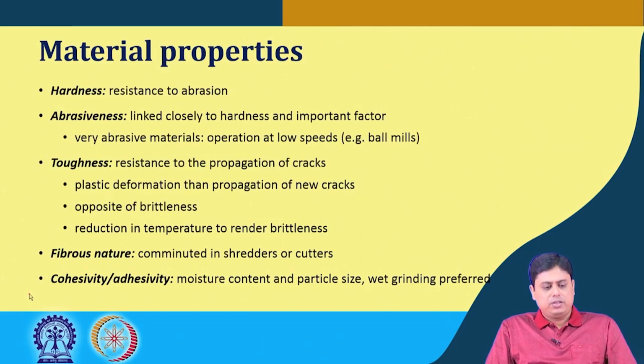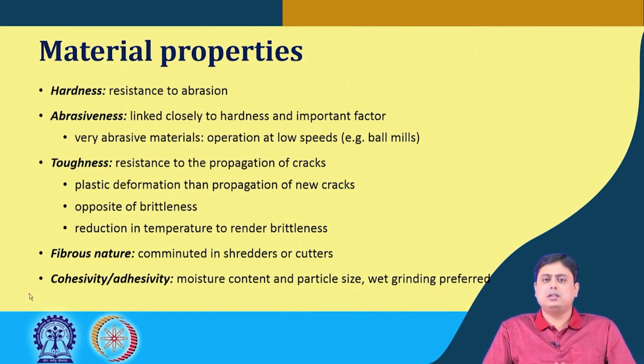So, what kind of material properties? Definitely one of the properties is hardness, which is the resistance to abrasion. Hard materials are logically difficult to break. Abrasiveness, which is closely related to hardness, is an important factor. Very abrasive materials can be handled at low speed operation, for example in ball mills, because their abrasiveness is very high.